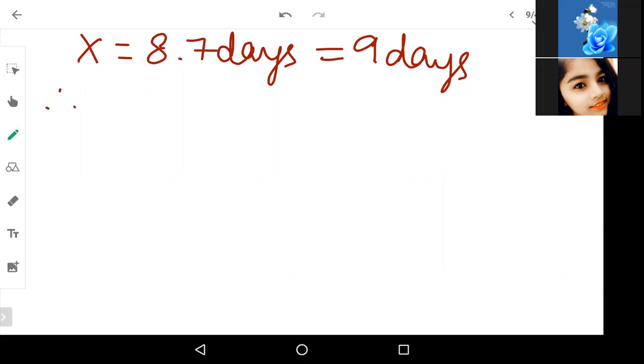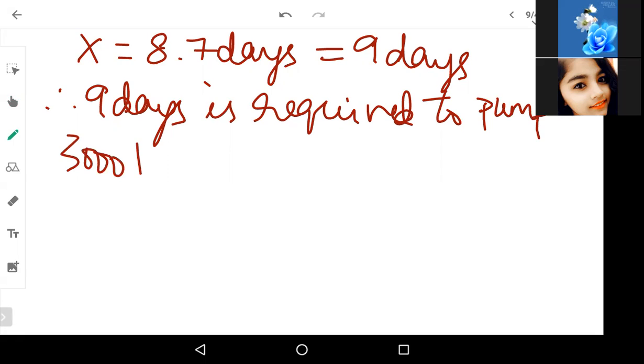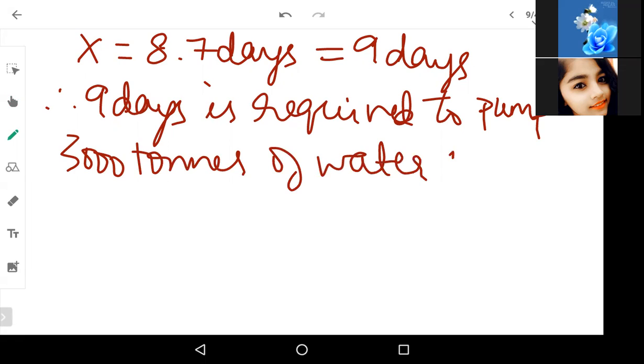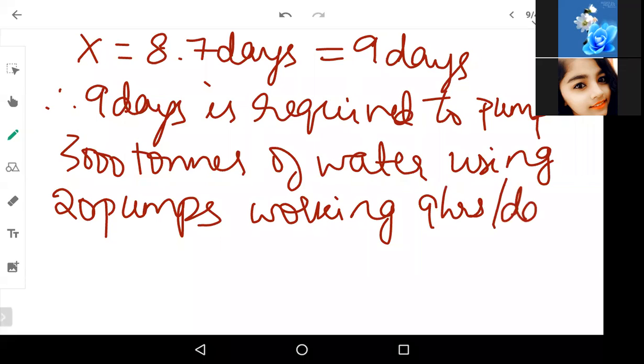Therefore, 9 days is required to pump 3,000 tons of water using 20 pumps working 9 hours per day.